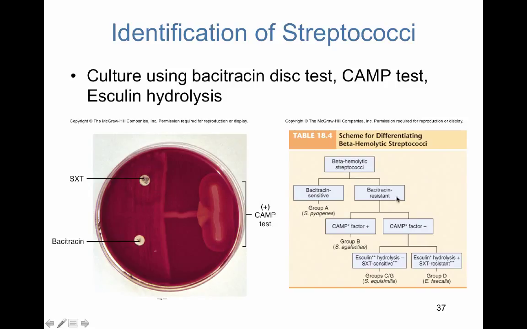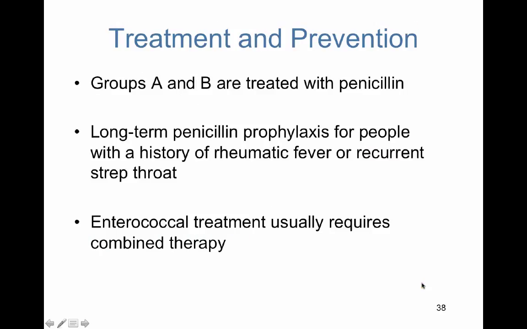All of these specific tests could tell you what species you're working with. So if you know it's strep bacteria, if it's bacitracin sensitive, you have Strep pyogenes. If it's bacitracin resistant, then a variety of tests will tell you whether you have agalactiae or other species present.